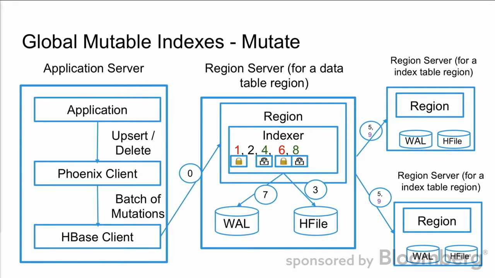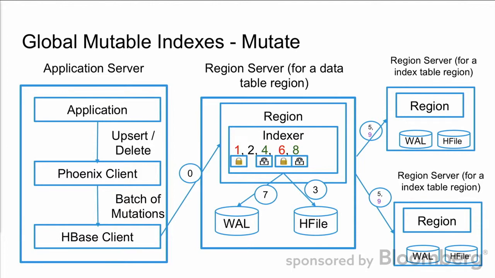Sixth step, let's say it didn't fail, indexes are updated. Again, we take the locks on the data rows, we update the data table, and in this step, we also detect the concurrent mutations. That's why we use the timestamp that we took at step 2 to detect the concurrent updates happening on the data table.